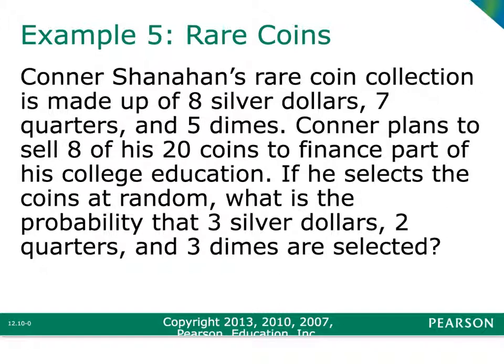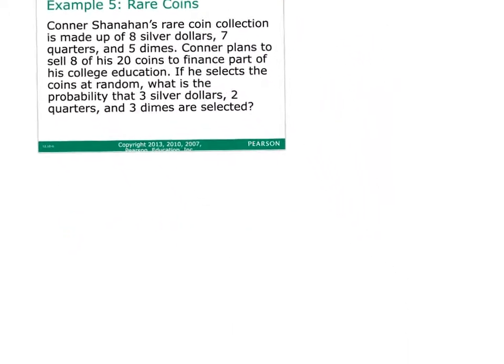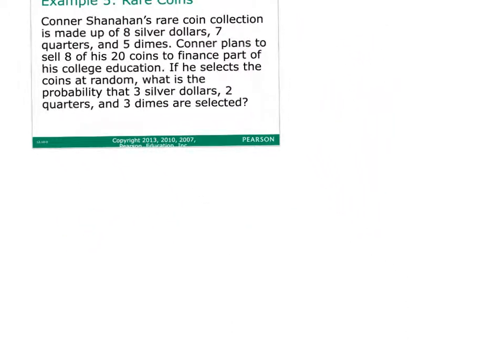Connor plans to sell 8 of his 20 coins to finance part of his college education. If he selects the coins at random, what is the probability that 3 silver dollars, 2 quarters, and 3 dimes are selected? So remember, because we have multiple events occurring, we're going to have to multiply these probabilities. And in the denominator, we're going to have all the possible ways that we can sell 8 out of 20.